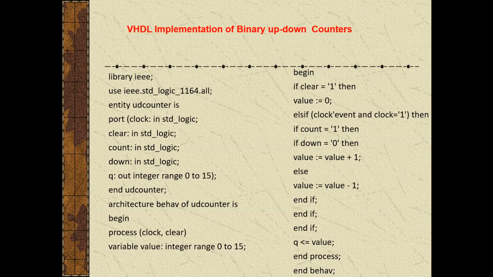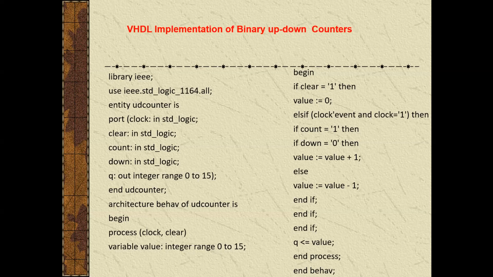We have mentioned them as std_logic. Then the output signal is count, an integer ranging from 0 to 15. Sorry, 0 to 15 we have to count here, and end the UD counter.